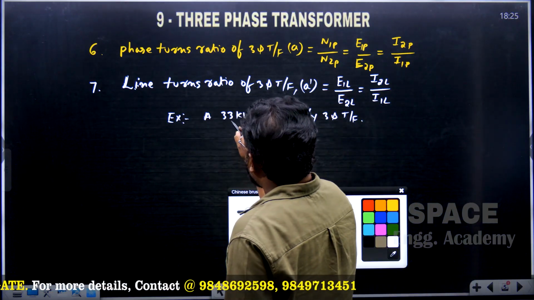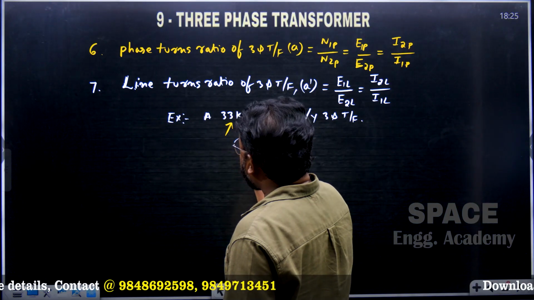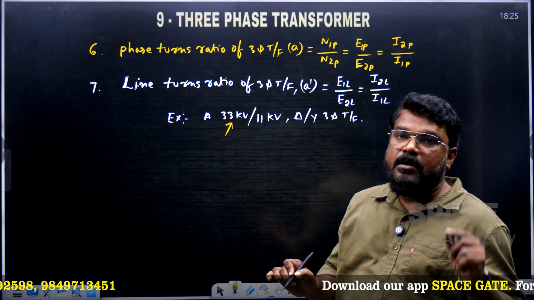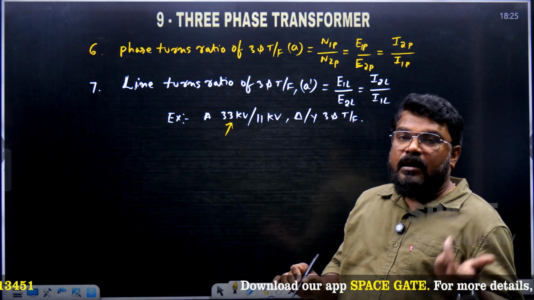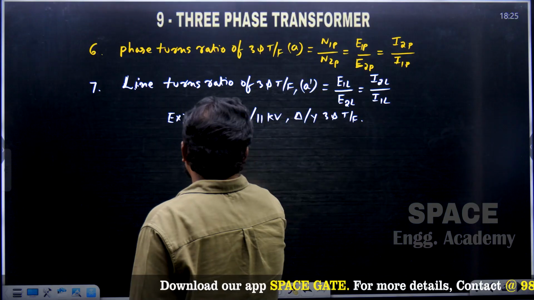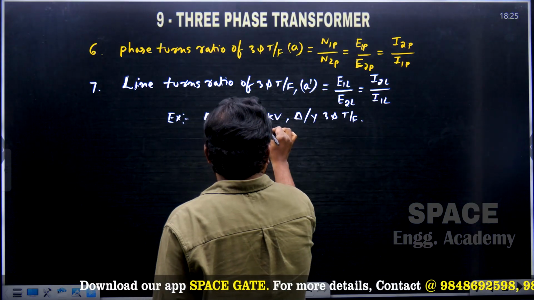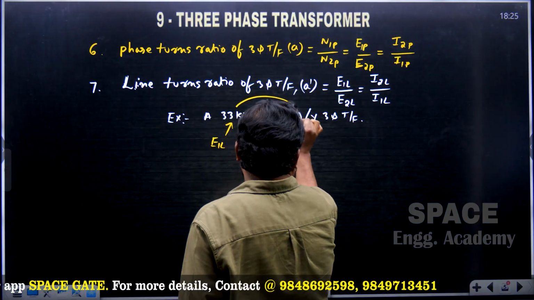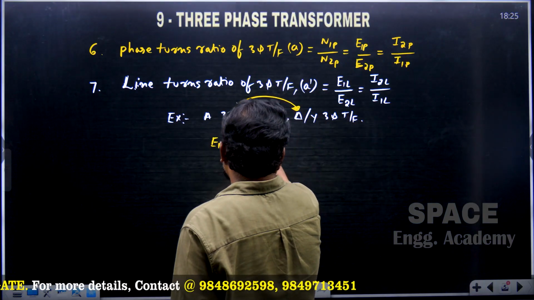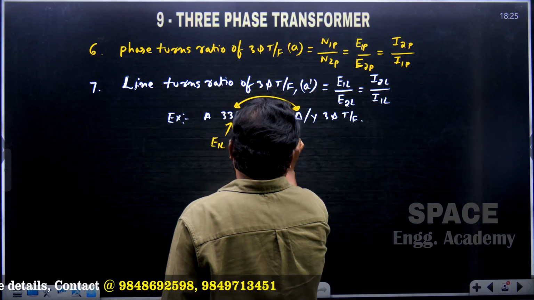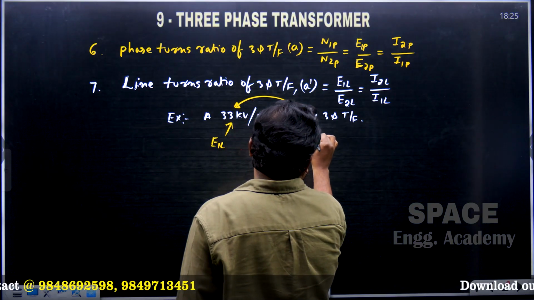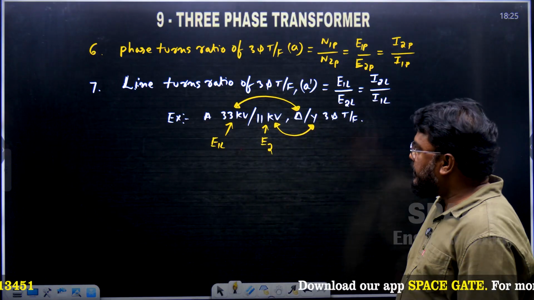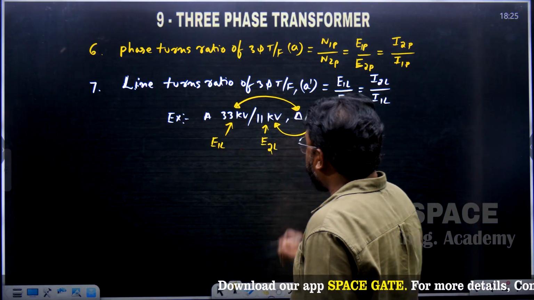The voltage rating mentioned on the nameplate of a three-phase transformer is a line value, so it is E1L and E2L. The primary windings are connected in delta, whereas the secondary windings are connected in star.